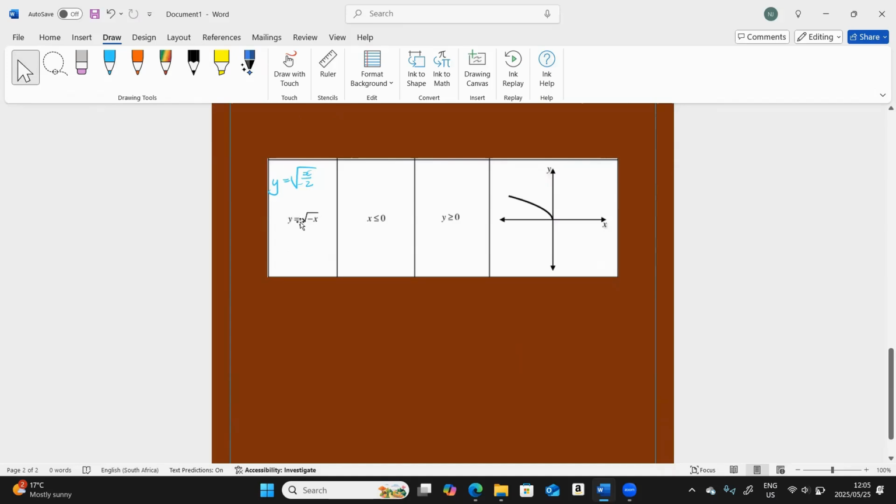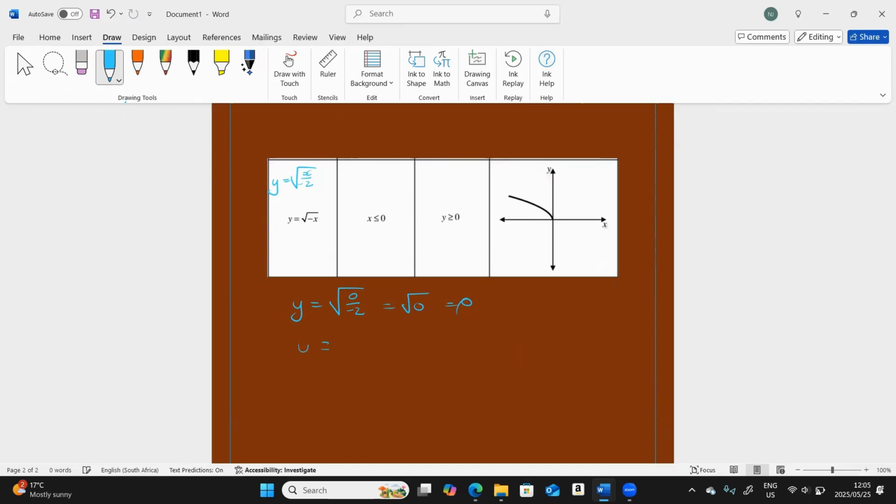The limitation they gave us in the test was that x should be smaller than or equal to 0. Can you see why? Because when x is 0, y equals the square root of 0 divided by negative 2, which is 0, and that exists. They also say 0 and everything smaller than 0.